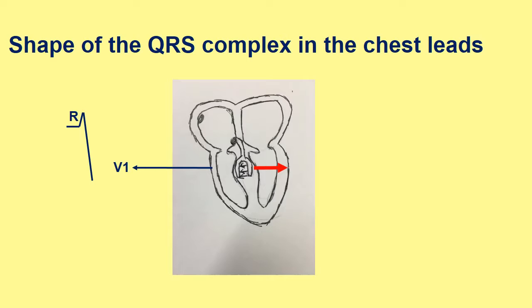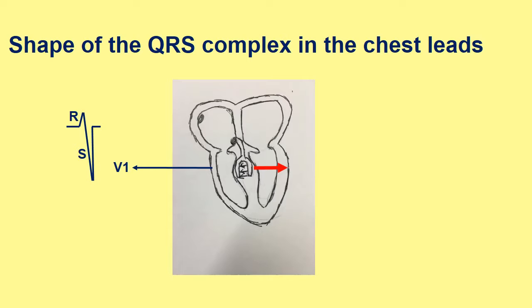From my definition in my first video, the negative deflection below the baseline after an R wave is called an S wave. So that's an S wave, and then after this the ECG just goes back to the baseline. So in this case we have an R wave and an S wave. There's no Q wave. If you notice, V1 has a very short R wave but a very long S wave. That's very important.